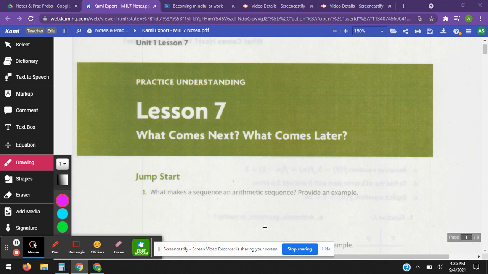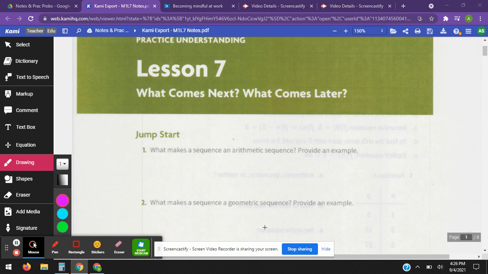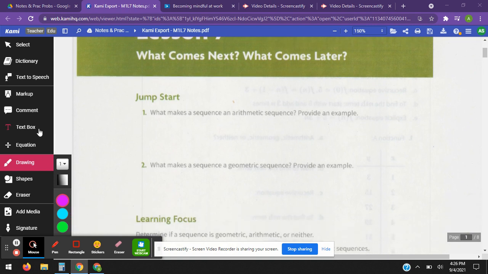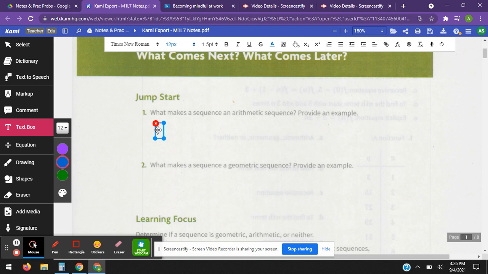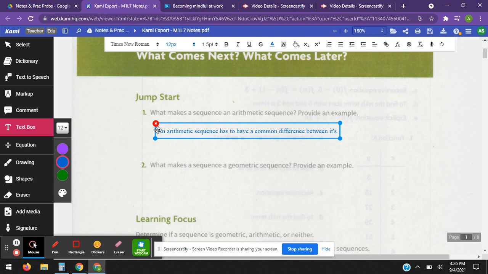What comes next? What comes later? To start off, let's review what makes a sequence an arithmetic sequence. An arithmetic sequence has to have a common difference between its terms.